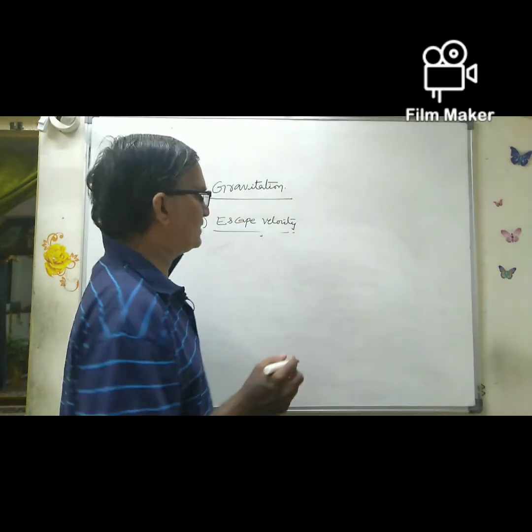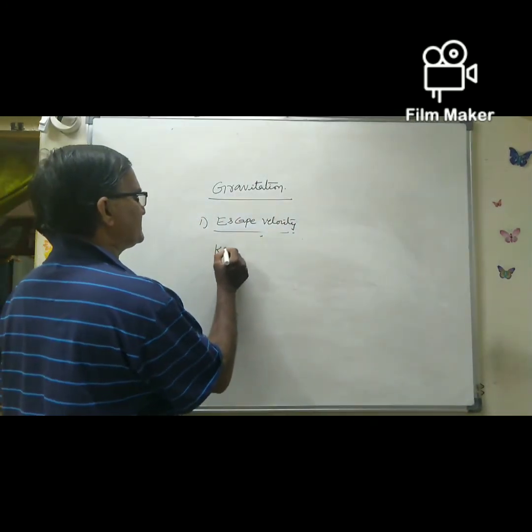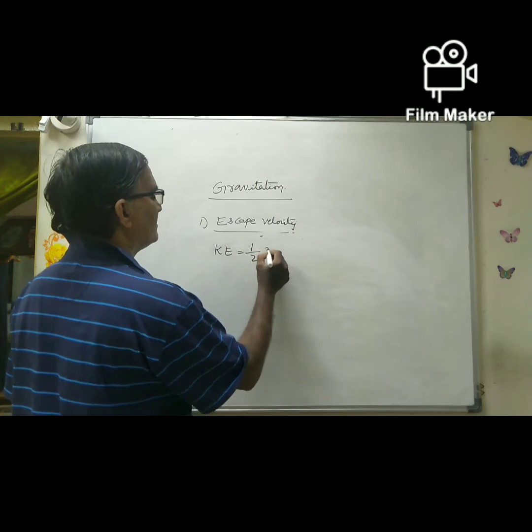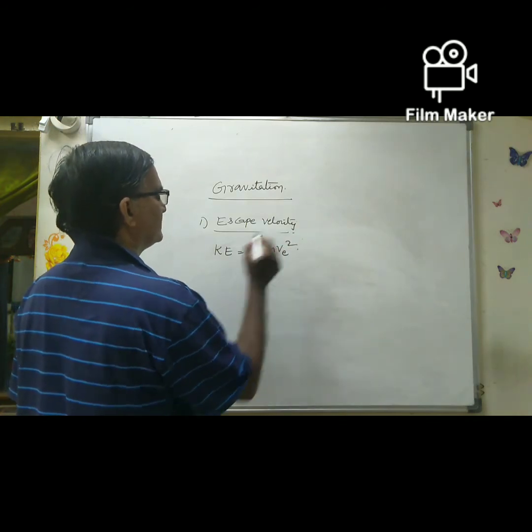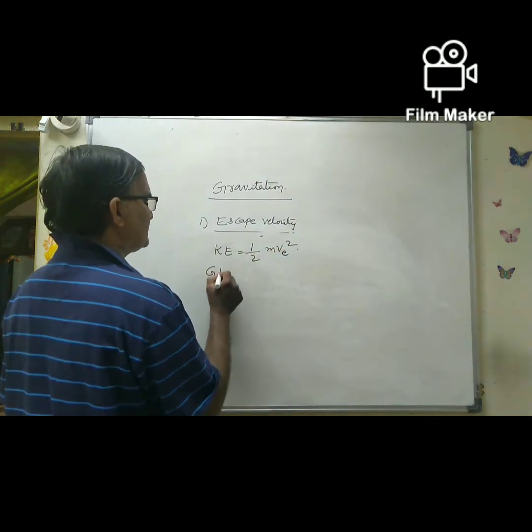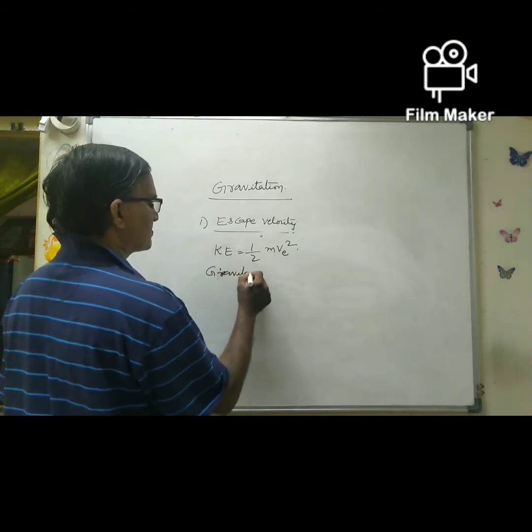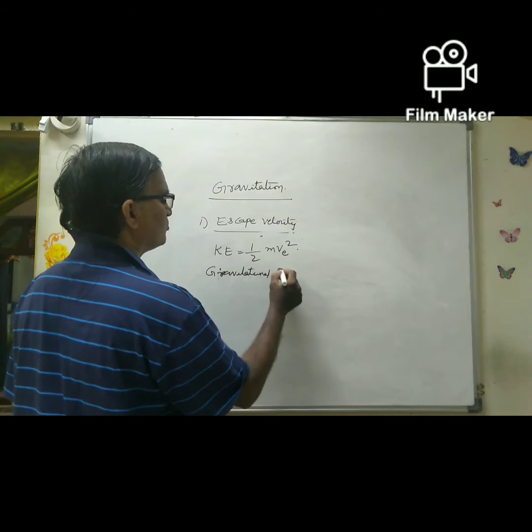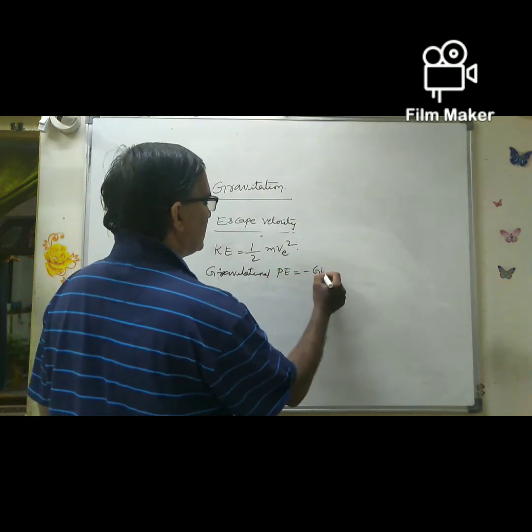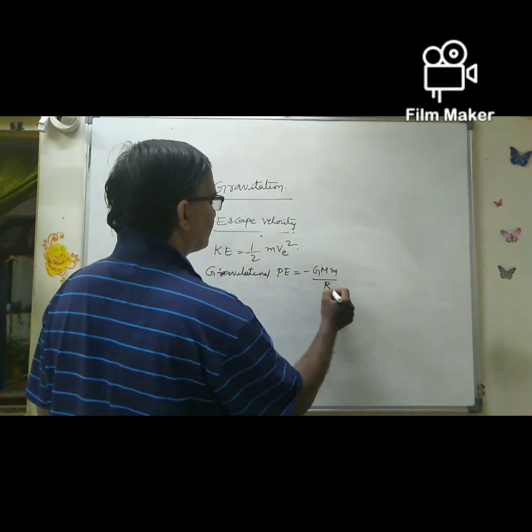Now this kinetic energy is converted to gravitational potential energy. What is kinetic energy? Half mv square. Gravitational potential energy is minus GMm by r.